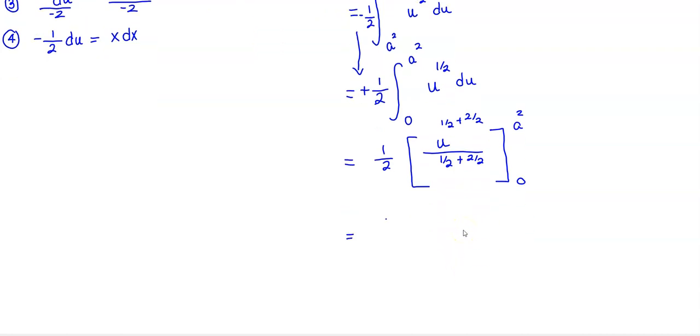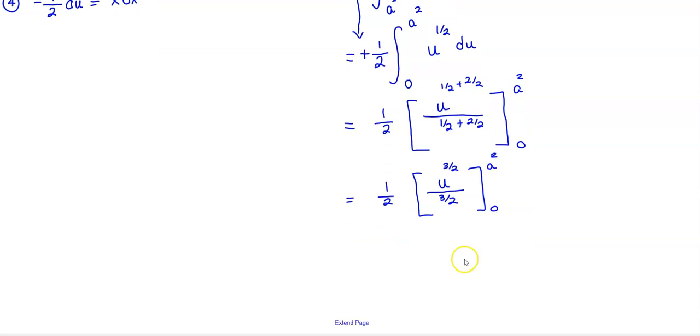So now we end up getting 1/2 times u to the 3/2 over 3/2, going from 0 to a squared. And so now if we take the reciprocal of the denominator, we're going to have 1/2 times 2/3 times u to the 3/2, going from 0 to a squared.